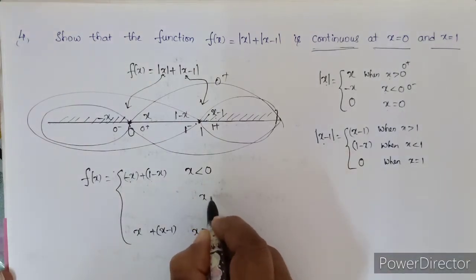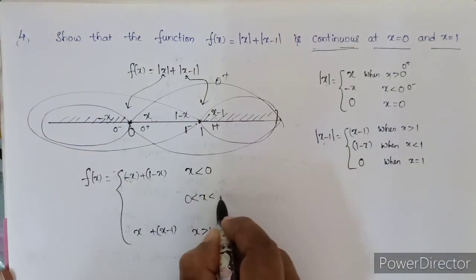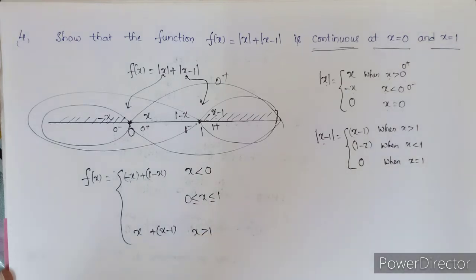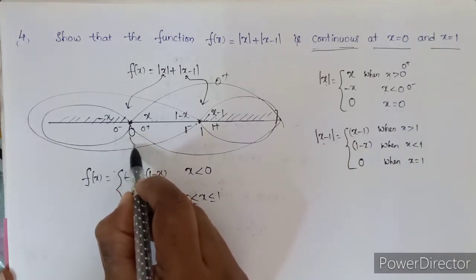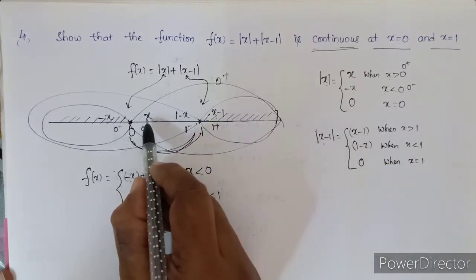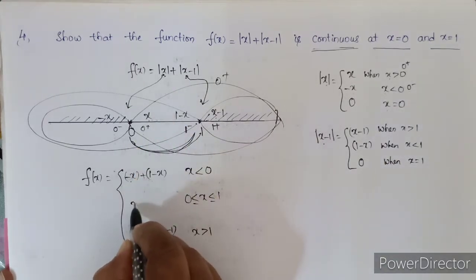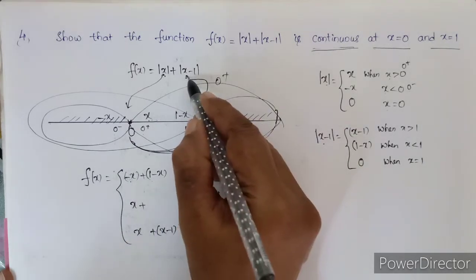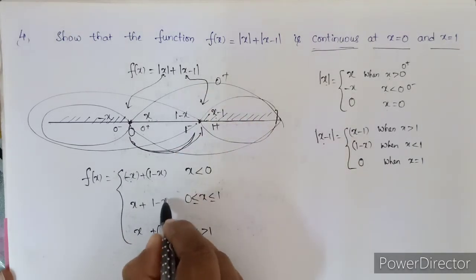Now when x values are lying between 0 and 1, and also equal to 0 and equal to 1, when x's are lying in this interval between these 2 points, mod x is equal to plus x and mod of x minus 1 is equal to 1 minus x.